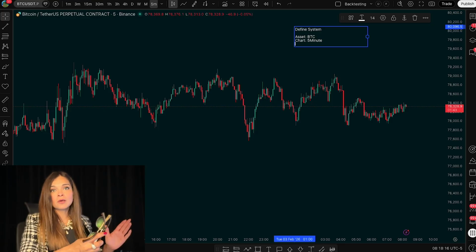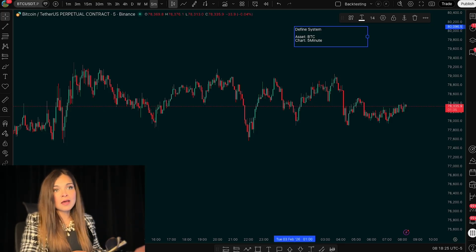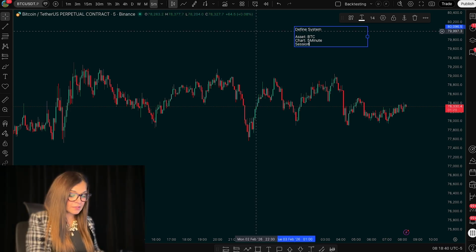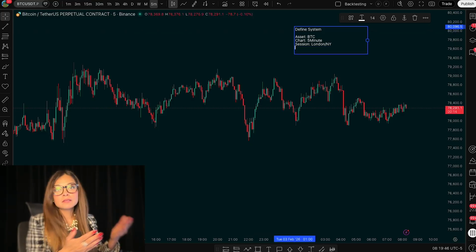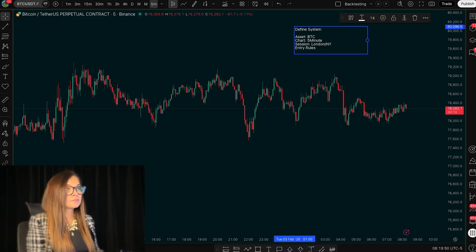This is a time slot where I'm able to actually trade. In the Asian session, I'm asleep, so it doesn't make sense for me to backtest the Asian session. My session would be London and New York.